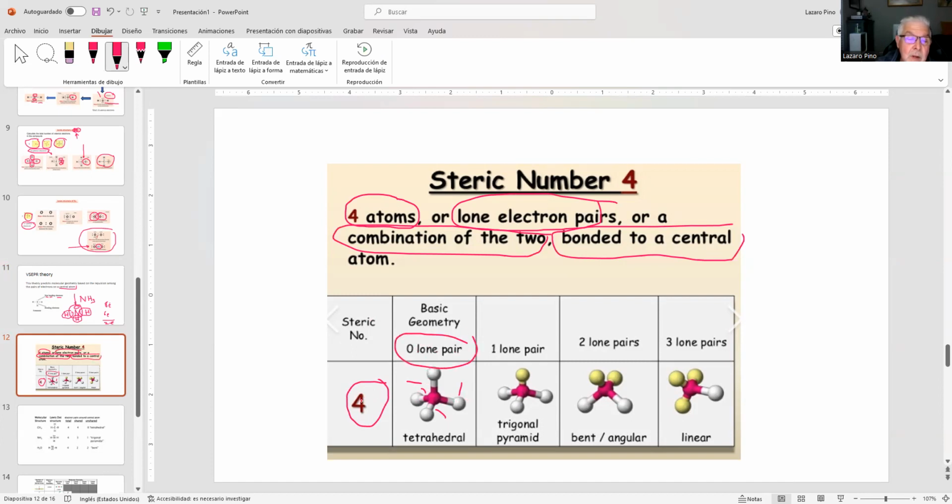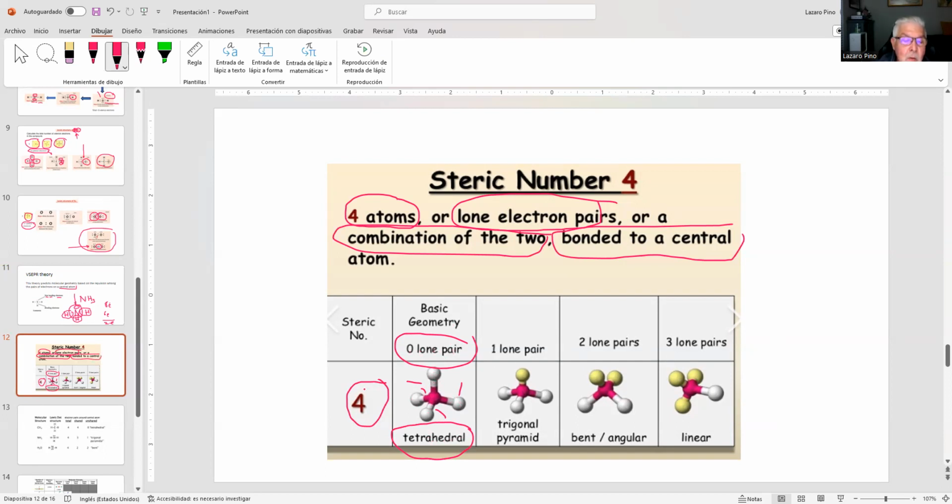Then, when we have 4 groups of electrons around the central atom and no lone pair, we say that the structure is tetrahedral. Tetrahedral, and you can see here the form of the molecule.